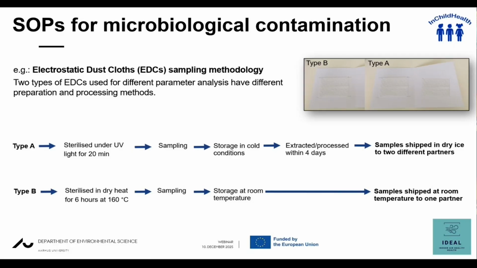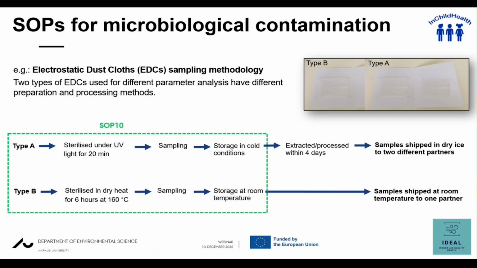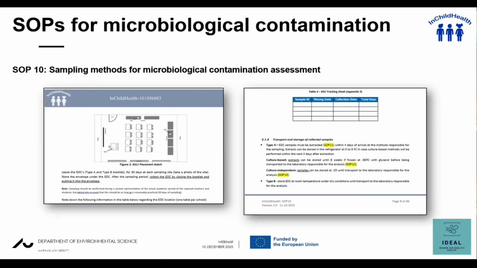And you can find the first part of the process in the SOP number 10, which is the one for the sampling, and then again the second part on the SOP 11. But one common part on both of them is actually the storage conditions, and again we have an overview of which type of EDC we are dealing with. Then for the next slide, please.